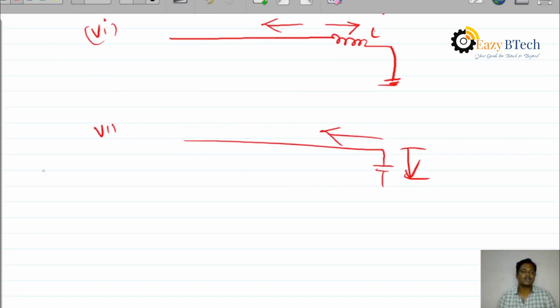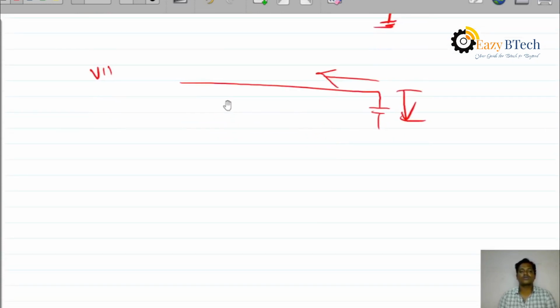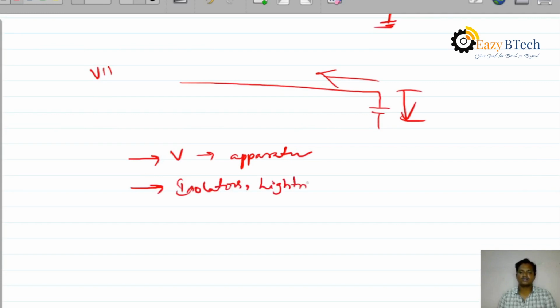This transient analysis is very important to determine how much voltage appears across our equipment, because we have isolators, lightning arresters, circuit breakers, and other protecting equipment.